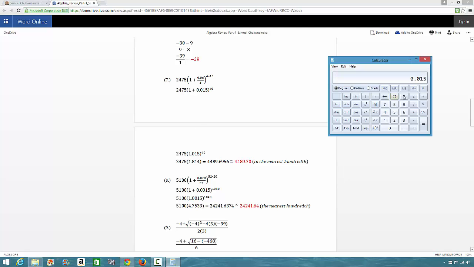So you do this, then you do plus 1 equal to 1.015. And then you have to raise it to the exponent. You now have a multiplication and an exponent. Exponent comes first.